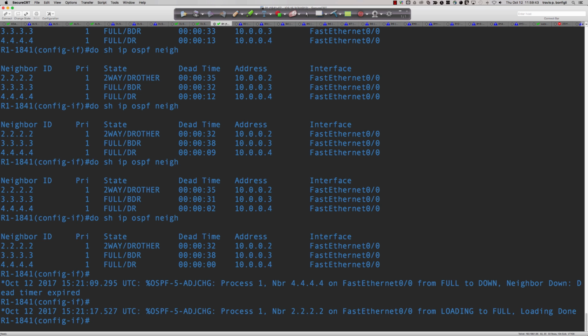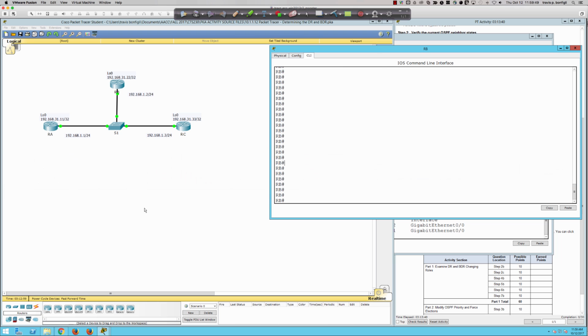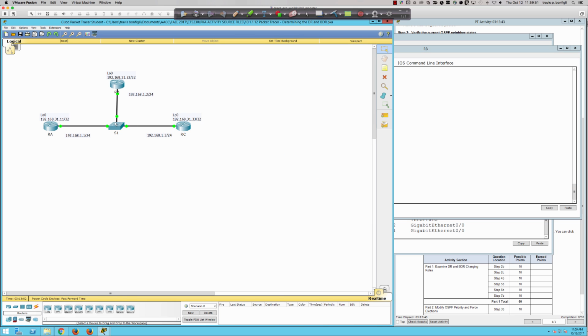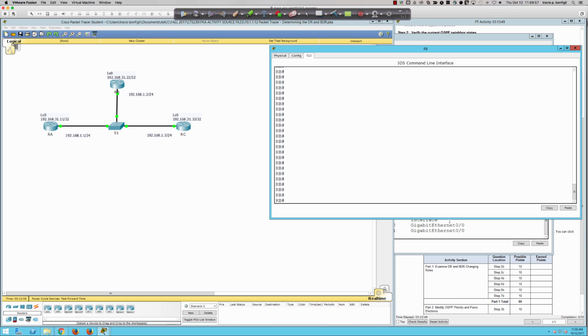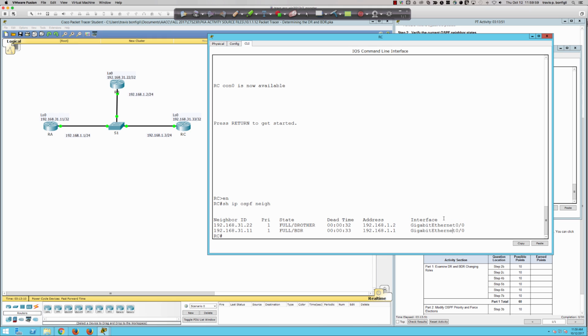But here, we're plugged into a switch. And so the routers, just like the activity that we have, right? The routers that are plugged into this switch, if that interface goes down on router C, which is what we're being asked to do, I've started the debugs here, but let's do this.